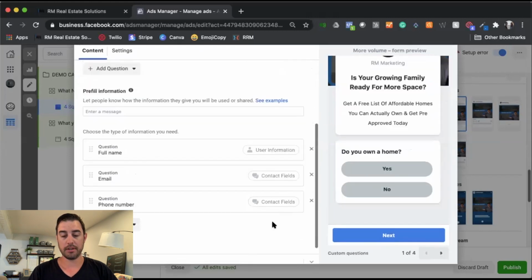There are ways that you can make the intent higher by adding more questions. I always do full name, email address, and phone number, no matter what. If the realtors that I'm working with want higher engagement or higher intent, you can add extra questions that force people to answer more in order to give you their details. Generally, if people are giving you more information, they're more likely to be interested.